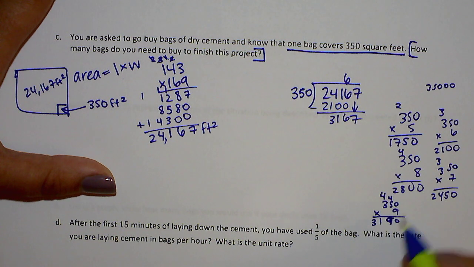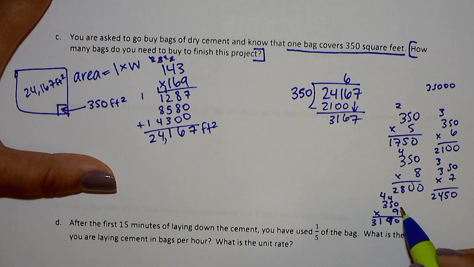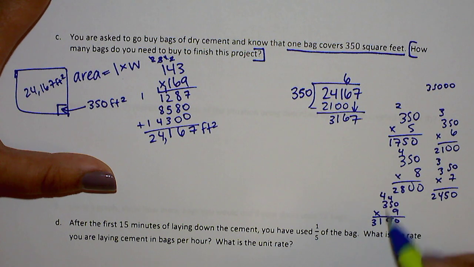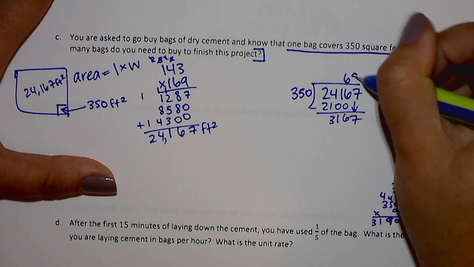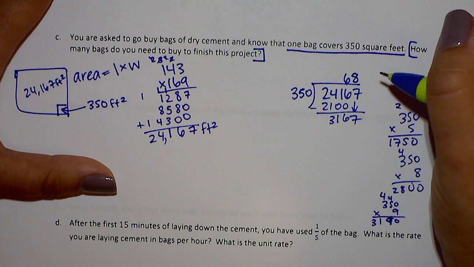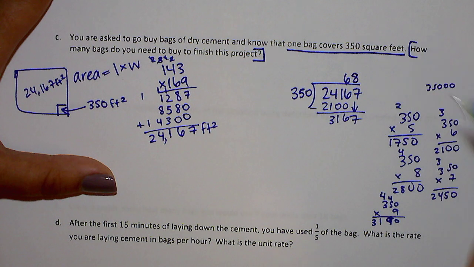Well, is it? 0. 5 times 9 is 45, 49. 3 times 9 is 27, 31, 3190. Yeah, we're going to go with 68. I think this should have got 69.